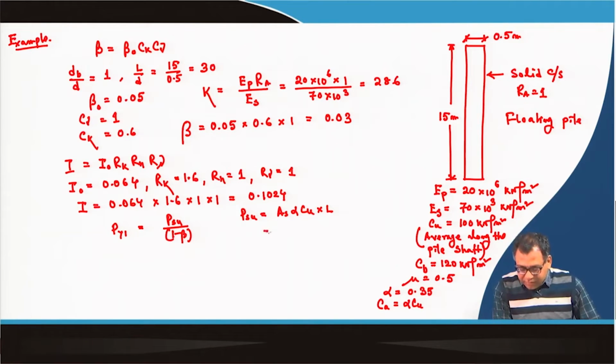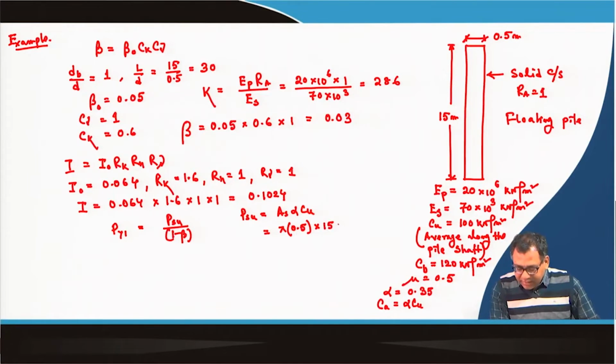So, if we put this value, this is A_s, and L is already incorporated in that A_s. So, we can write A_s equal to pi d into L, where d is equal to 0.5 and L is equal to 15.